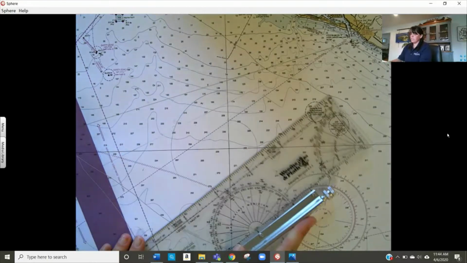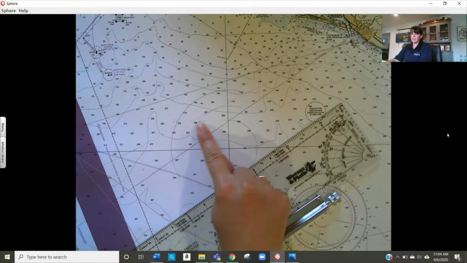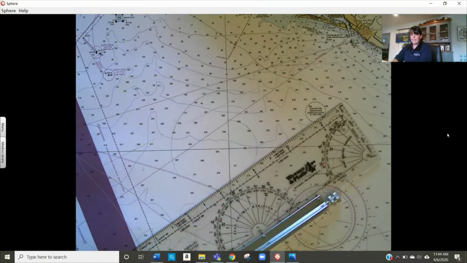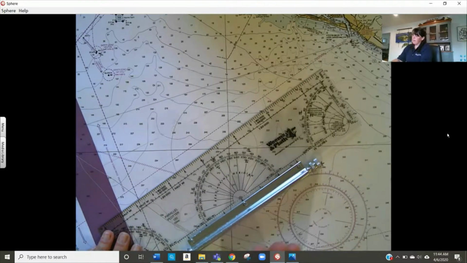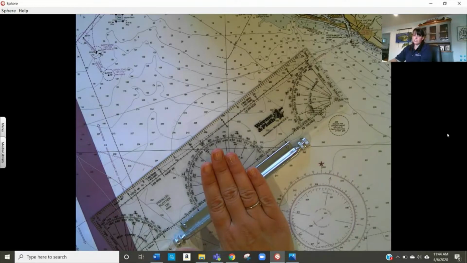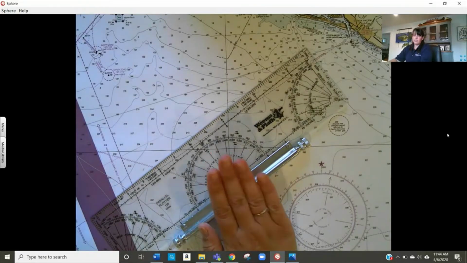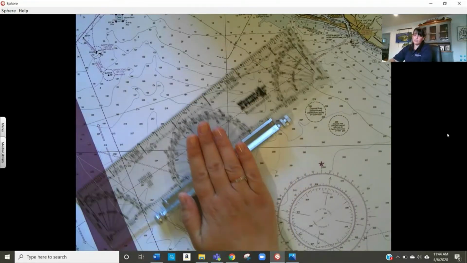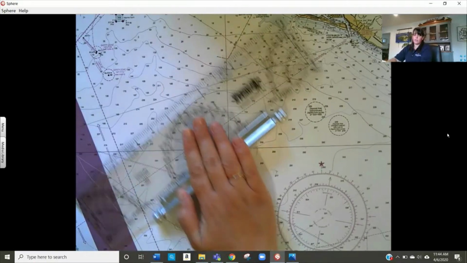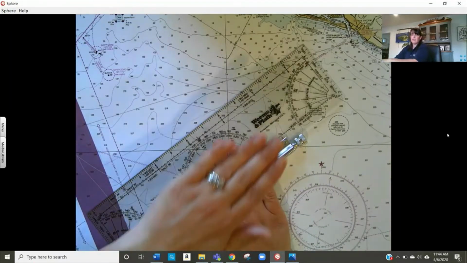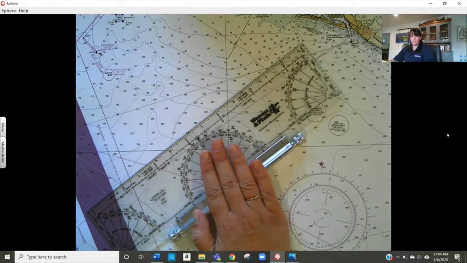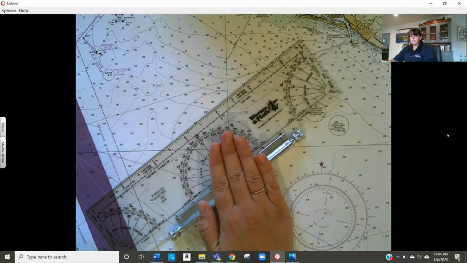Now I'm going to measure this ferry route here from Newport down to Avalon. And how you use the roll plotter is by pushing down gently on the end, and then you could parallel the course back and forth either way. It doesn't move left to right once you have pressure pushing down on it.